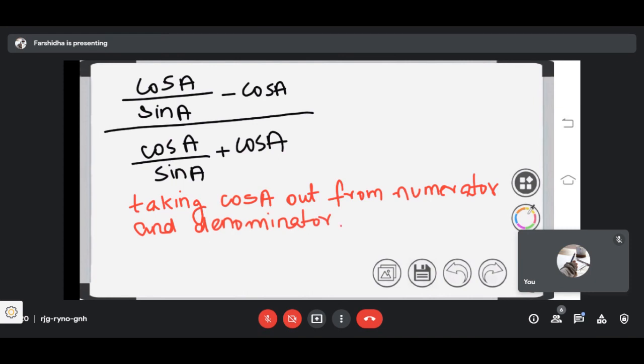So now we're going to take cos A from numerator and cos A from denominator so that we can cancel cos A both from numerator and denominator. Taking cos A out from numerator and denominator.